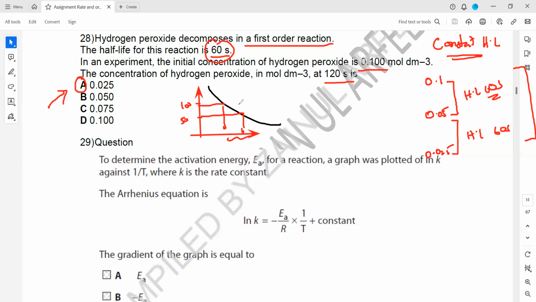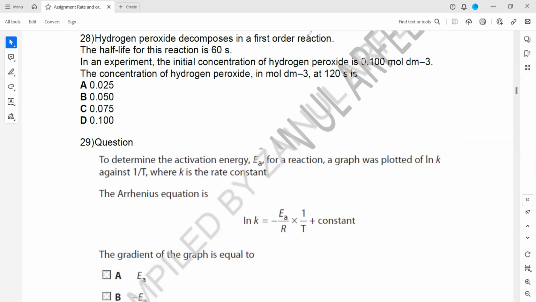The same way we can work it out. For a first order reaction, half-life is constant. If it's a second order reaction, the initial half-lives are shorter, but then it increases. It is not constant. Is it clear?